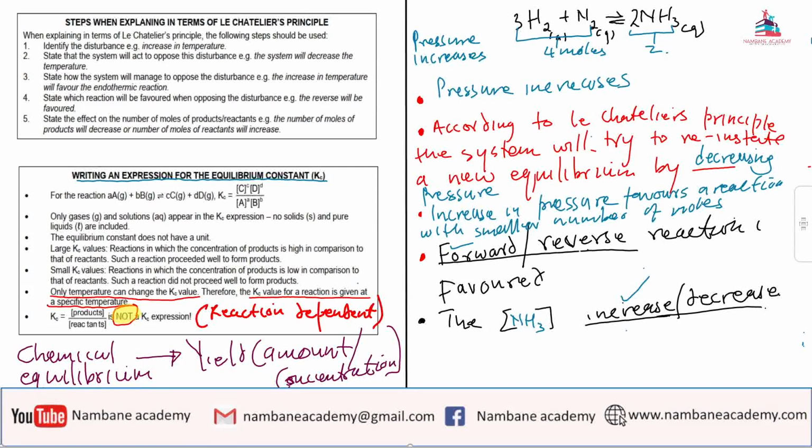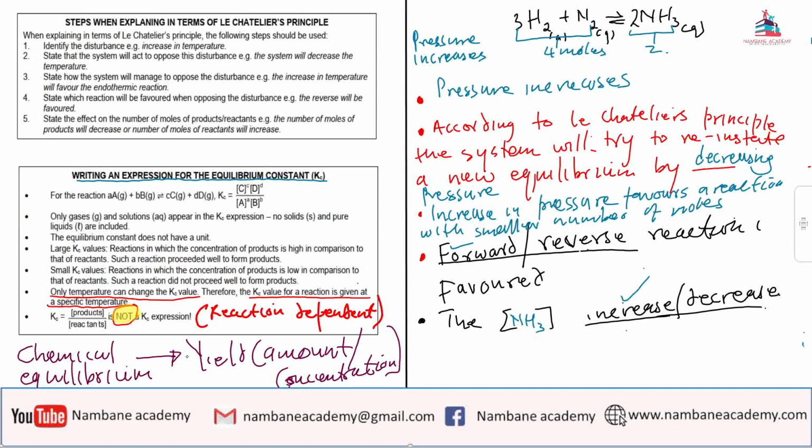We cannot have a specific way or a standard way of writing the correct Kc expression. It will always change, forever change, depending on the type of equation you are given.